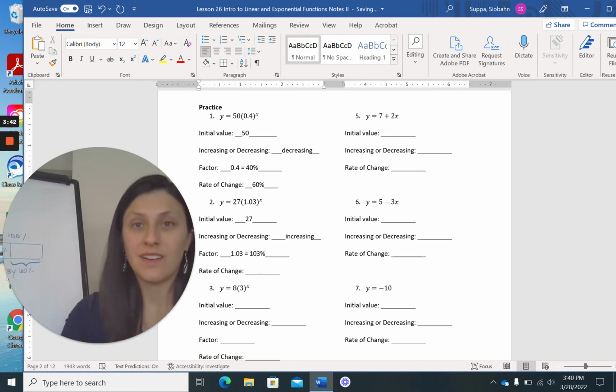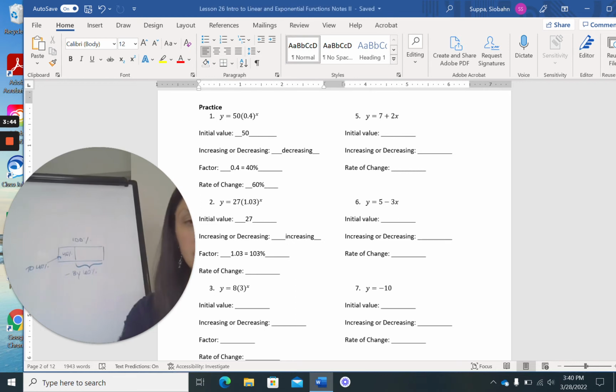And if you are now at 103%, so let's put in a different color. Let's put an example of what's happening here. So if you increased to 103%, and you always start at 100, then what did you just add on? You must have just added on 3%.